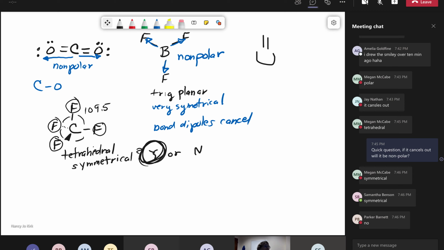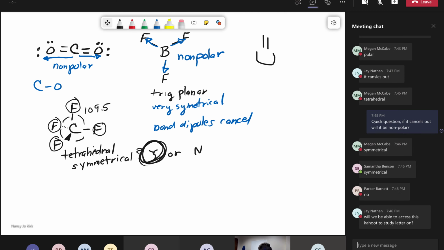It's very symmetrical, so all the bond dipoles cancel. So trigonal planar is symmetrical. Generally, at least most of the time, if you have no lone pairs on the central atom and all the outer atoms are the same, that's nonpolar. That's most of the time.